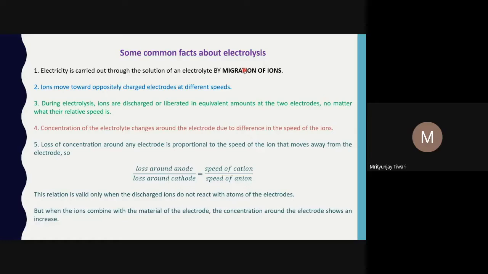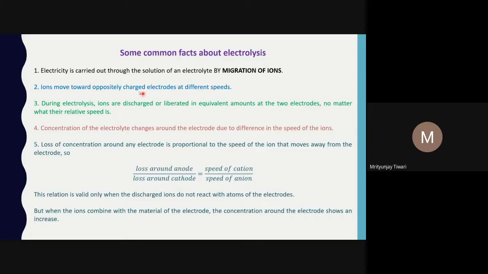So cations will move toward the negative electrode, because they will be attracted there, and they will be repelled by the positive electrode, which is the anode. And the anions will be moving towards the anode, attracted, and they will also be repelled by the negative cathode. And so the migration of ions takes place.